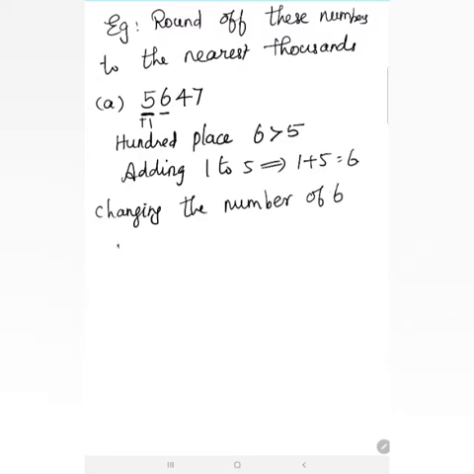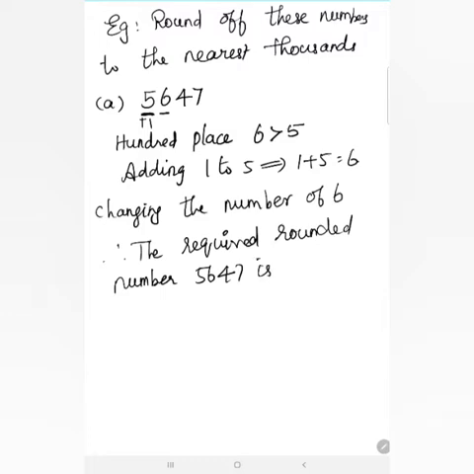Therefore the required rounded number for 5647 is 6000. Your other digits you write as 0, and you add 1 to the 5, so 6.